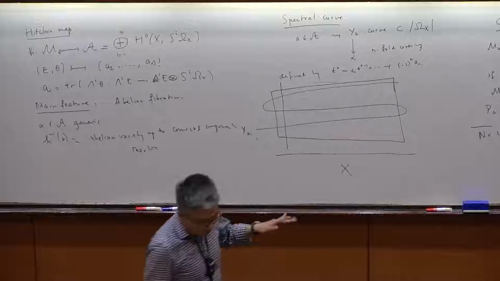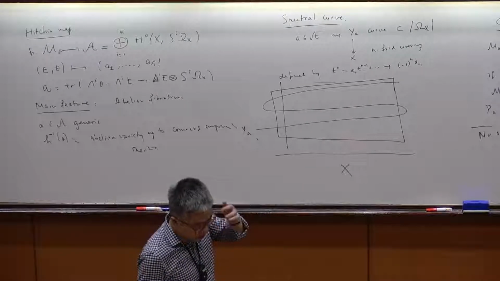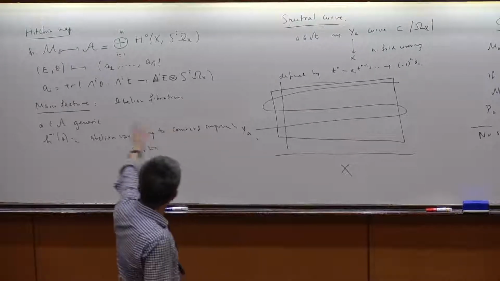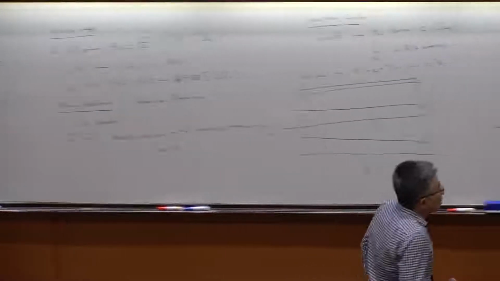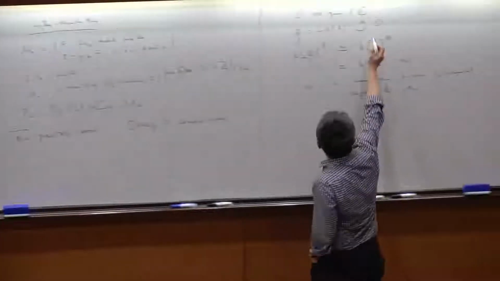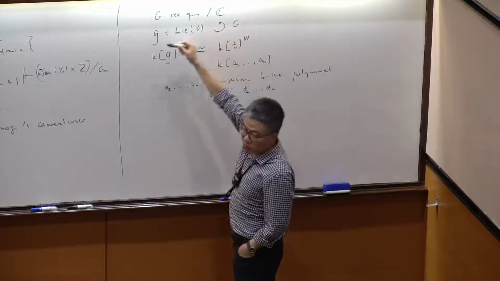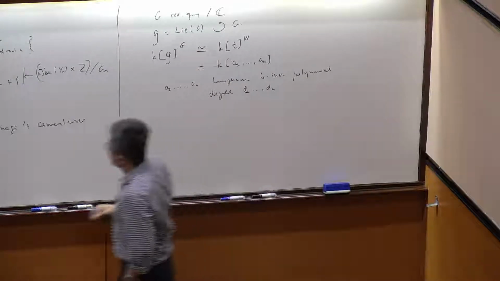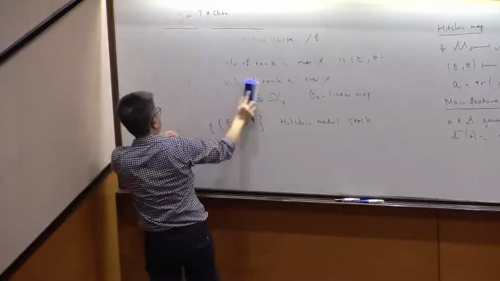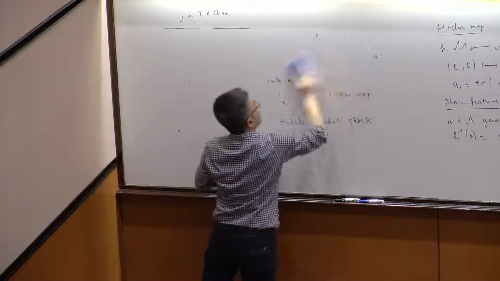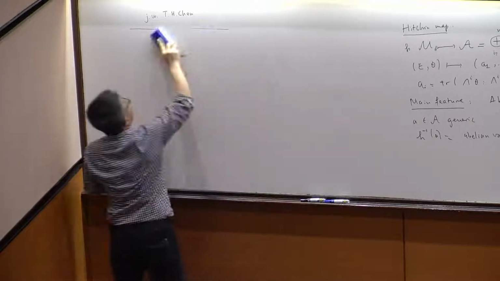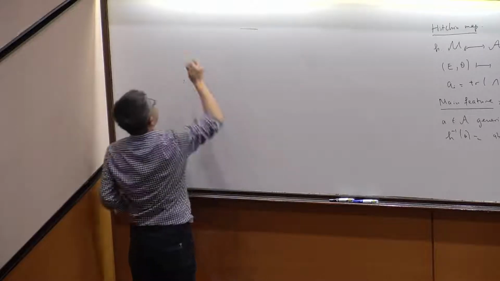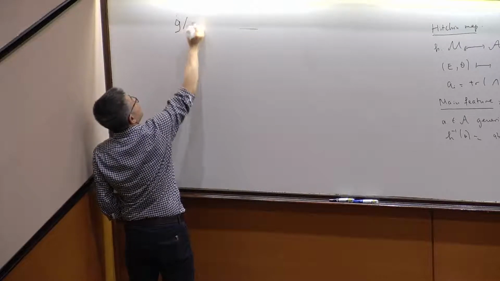So let's rephrase this into some kind of abstract language that really allows us to put this construction on a very transparent footing. This is when you have the action of a group on a space. So let me draw it here. Then you have this notion that you just mod out.